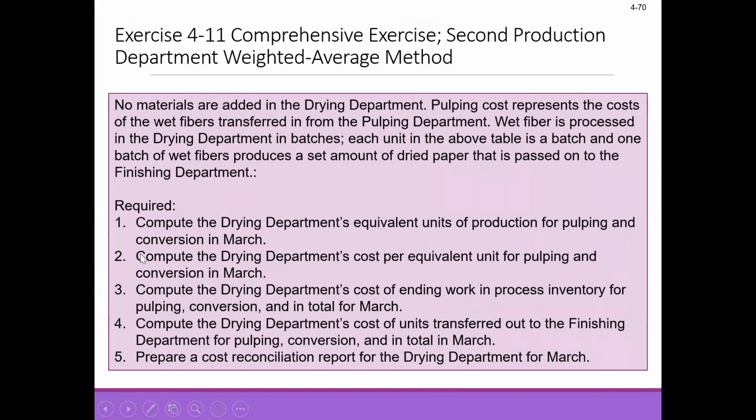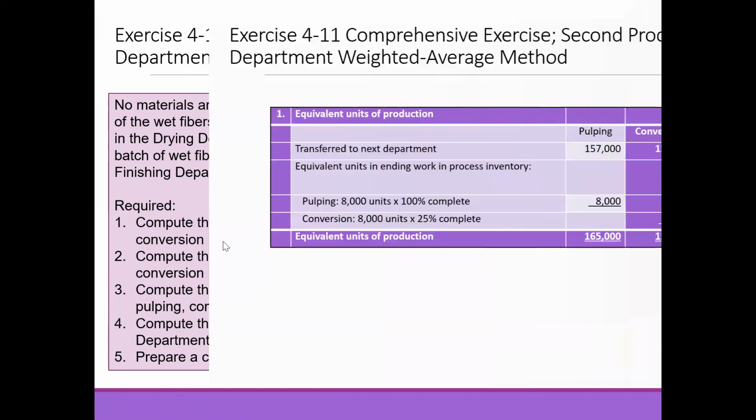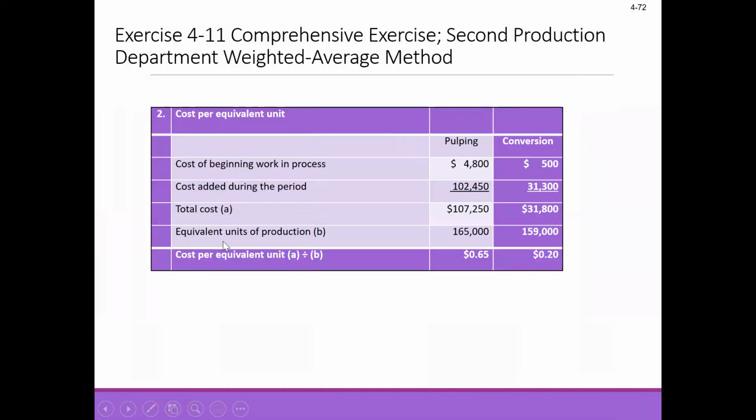The next one says, compute the drying department's cost per equivalent unit for pulping and conversion in March. We started with 4,800 pulping, 500 conversion.